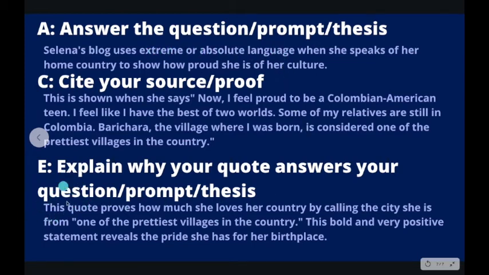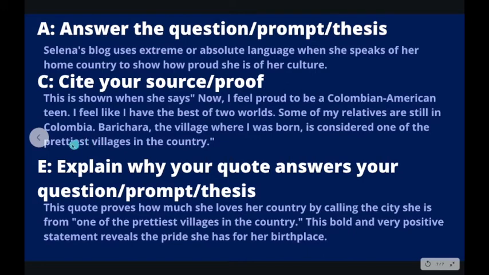E, again, remember this all goes back to that A. Explain why your quote answers your question or prompt, okay? So why does the quote that I picked for C answer my A? This quote proves how much she loves her country by calling the city she is from one of the prettiest villages in the country. See how I singled that out? I went back in here and I found the exact wordage that she uses.